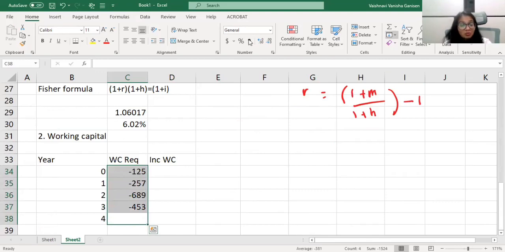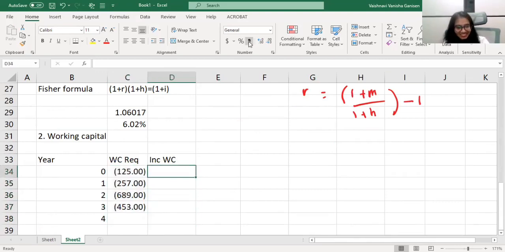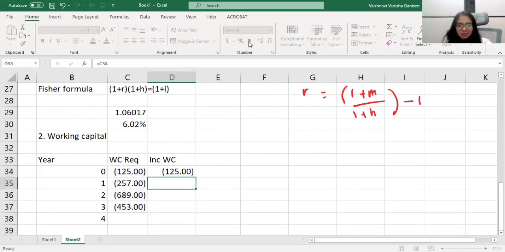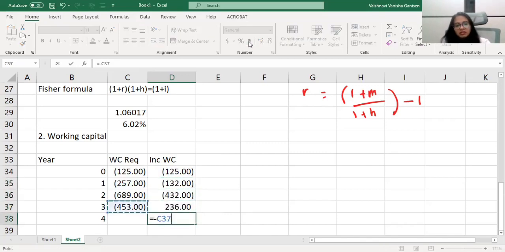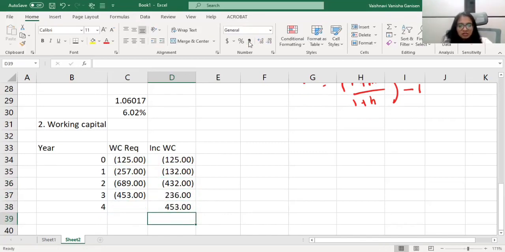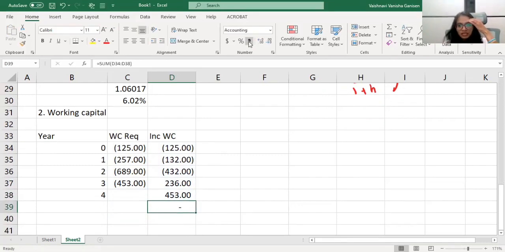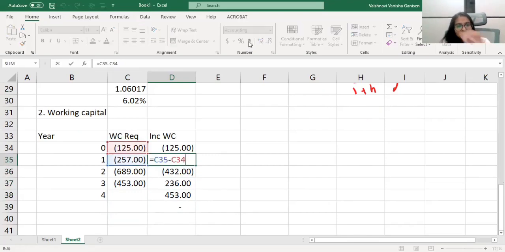I think you guys may have caught that error, right? So equals to this minus this. Then you just copy and paste it downwards and change it. Check your answer, okay? It has to be equals to 0. So I'm just going to show you this formula. How do you calculate your working capital in year 2?